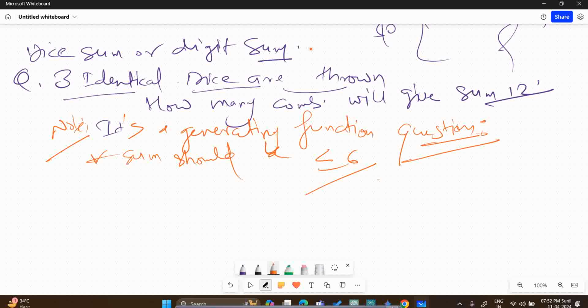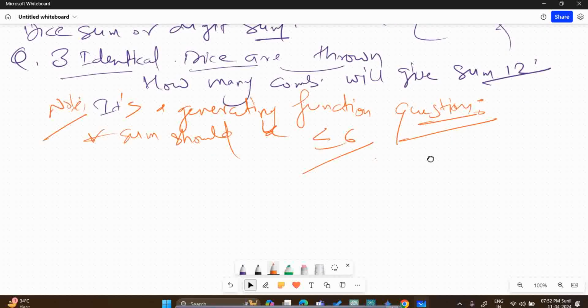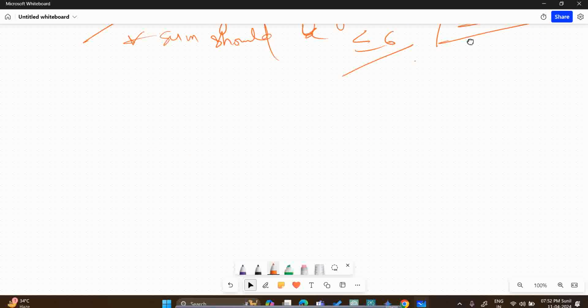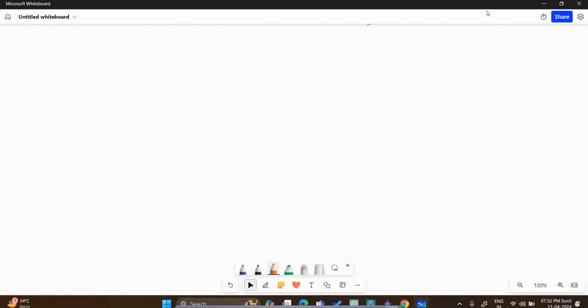Dice sum and digit sum are generating function problems. Why are these generating function problems? Let's see.